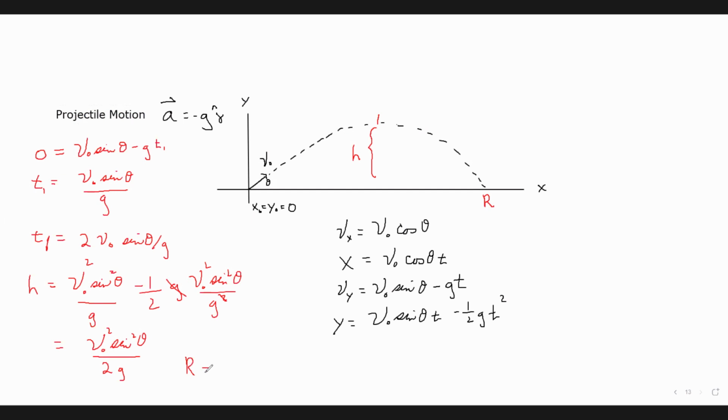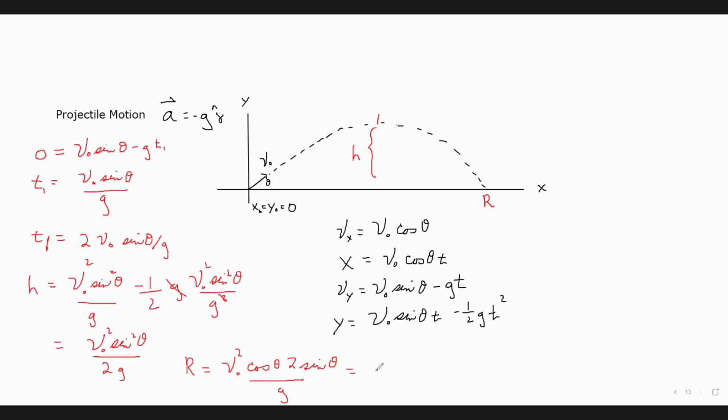So the range R is equal to v0 cosine theta times the time of flight, which is 2 v0 sine theta over g.